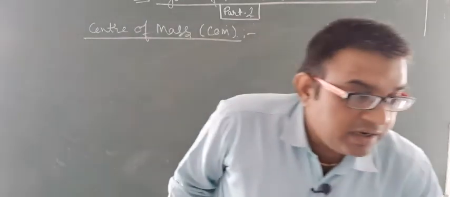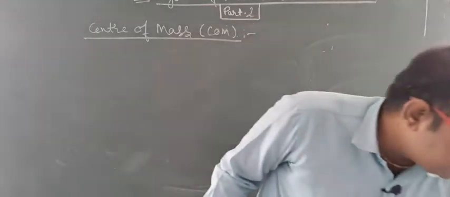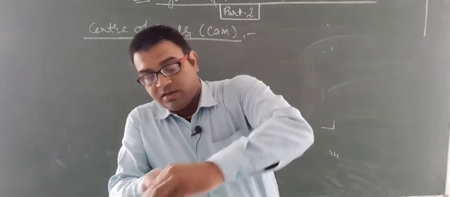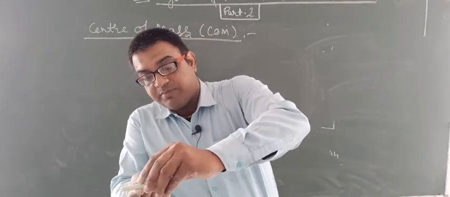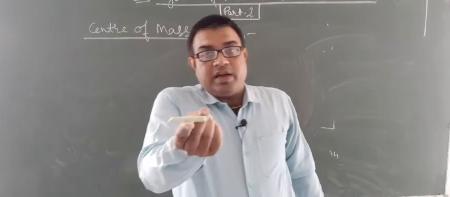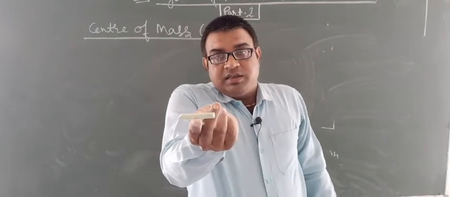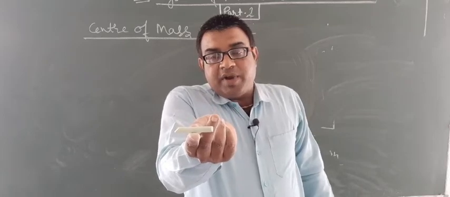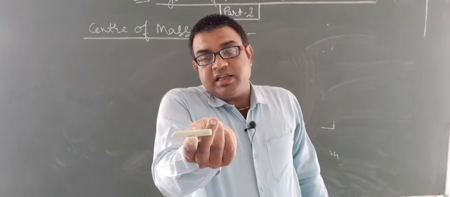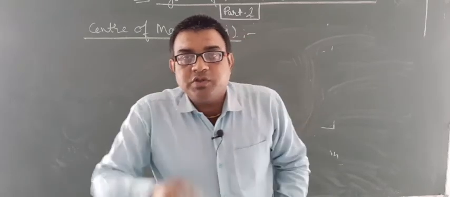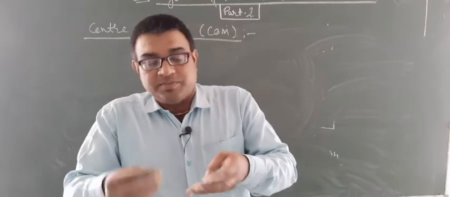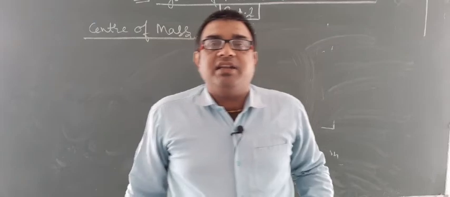But you have observed that various times it will happen that an object is balanced. Look here, just like that. I applied force at one point of this chalk, and the chalk remains stationary at this point. It means that the whole mass of the chalk is concentrated at this point.